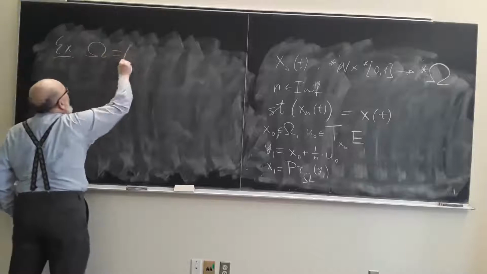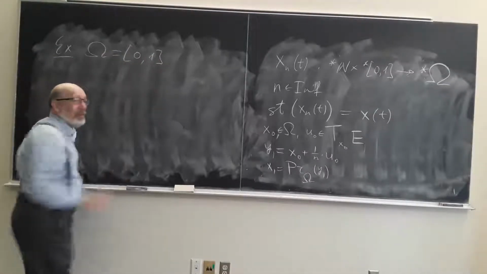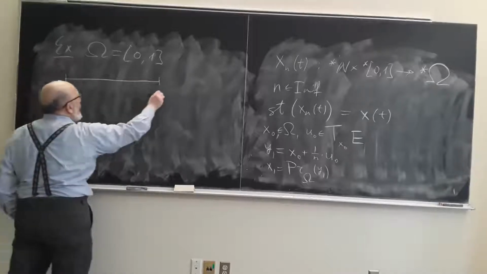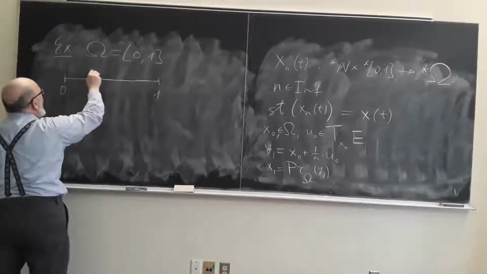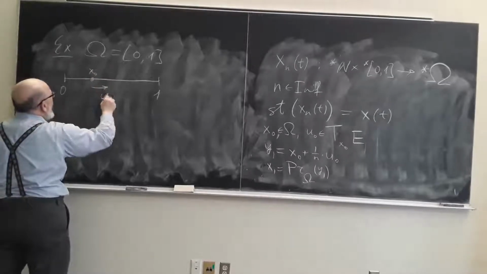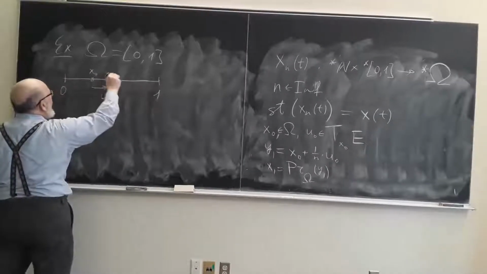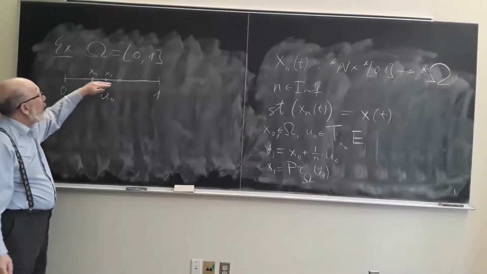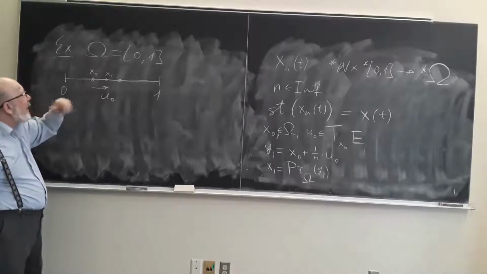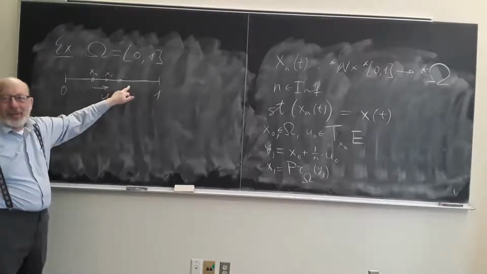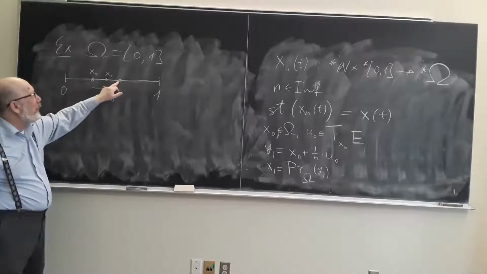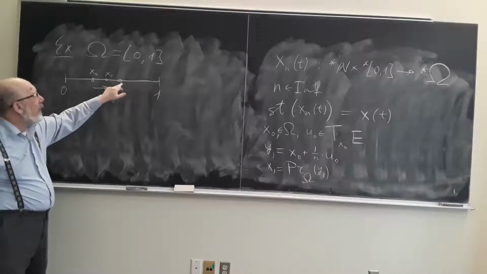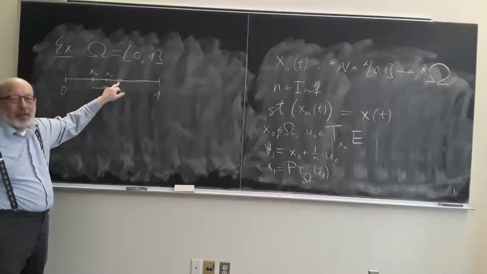Omega is just the segment [0, 1]. So if you take x0, u0, then you have x1, and as long as we can move along this line, they will be at the same distance, because each next point yk plus 1, if it is on this line, will coincide with xk plus 1.